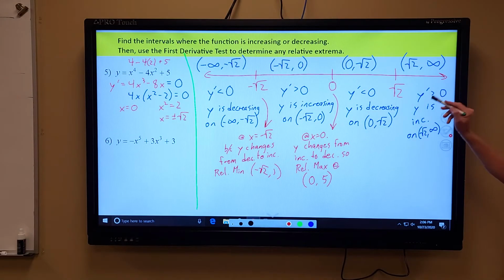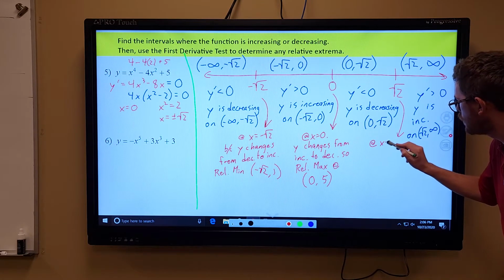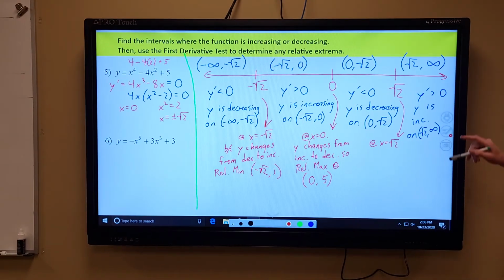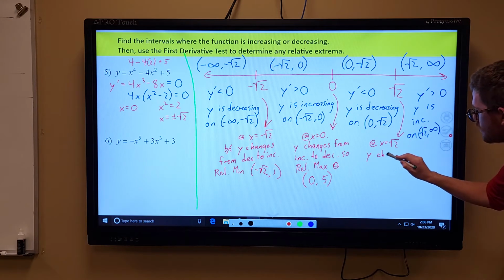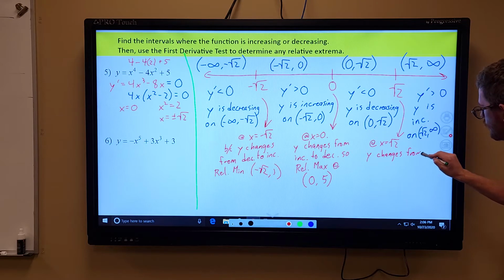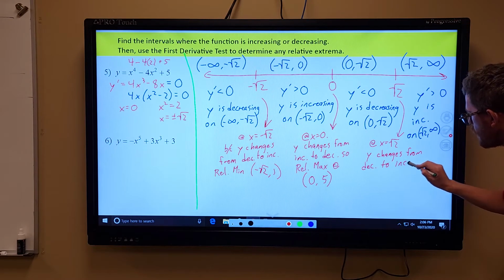And finally, what's going on at x equals the square root of 2? Well, at x equals the square root of 2, we can see y changes from decreasing to increasing.